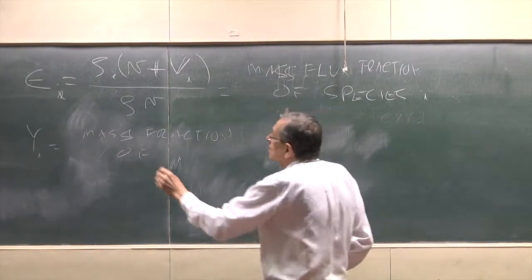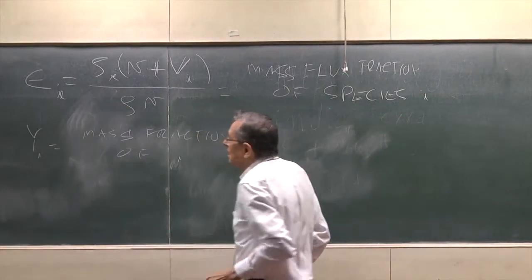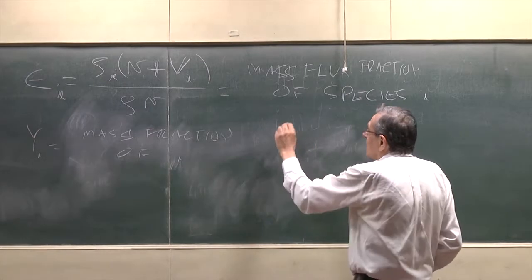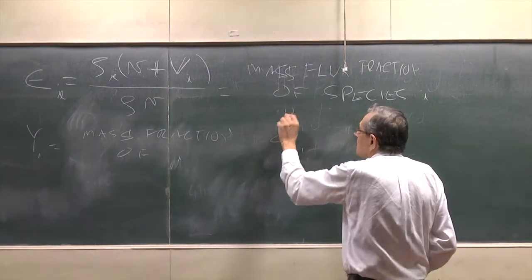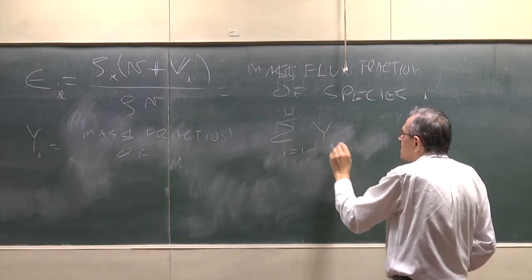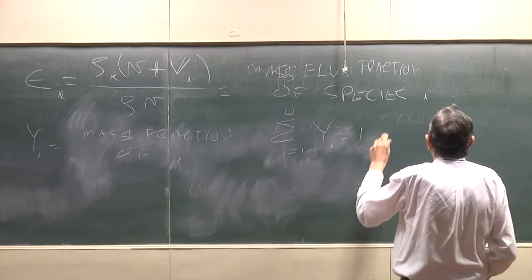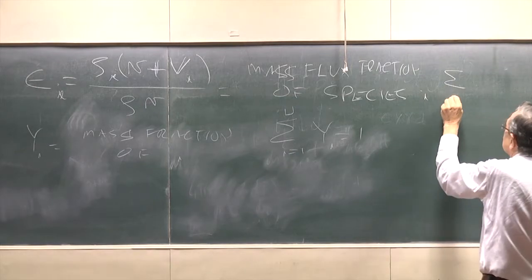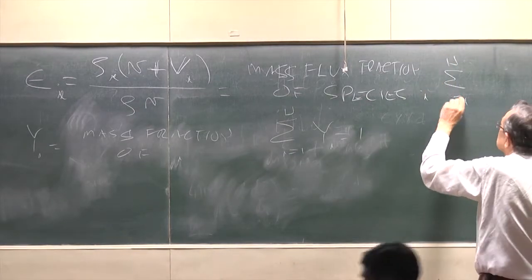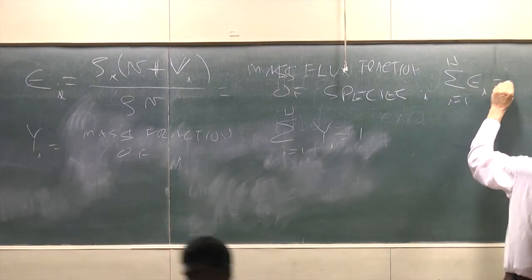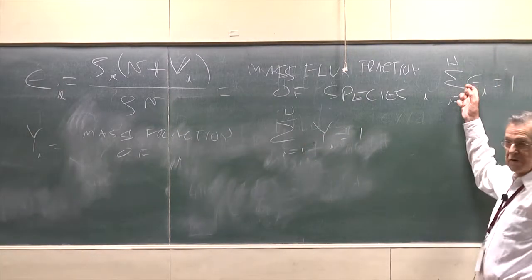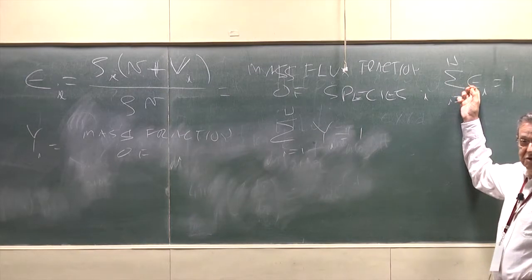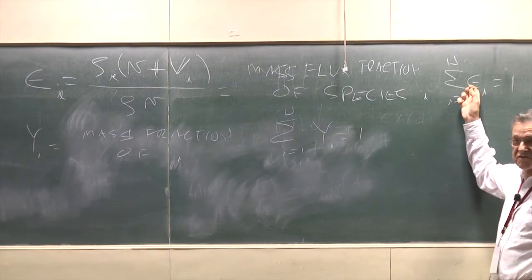It has the same property as the mass fraction, that it sums over all species to 1, but whereas all mass fractions are positive, it's not always true that all mass flux fractions are positive. Some can be positive, some can be negative.